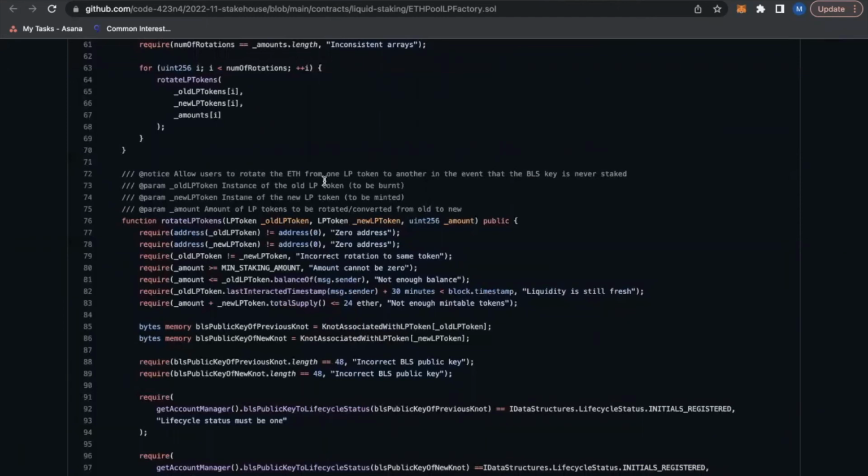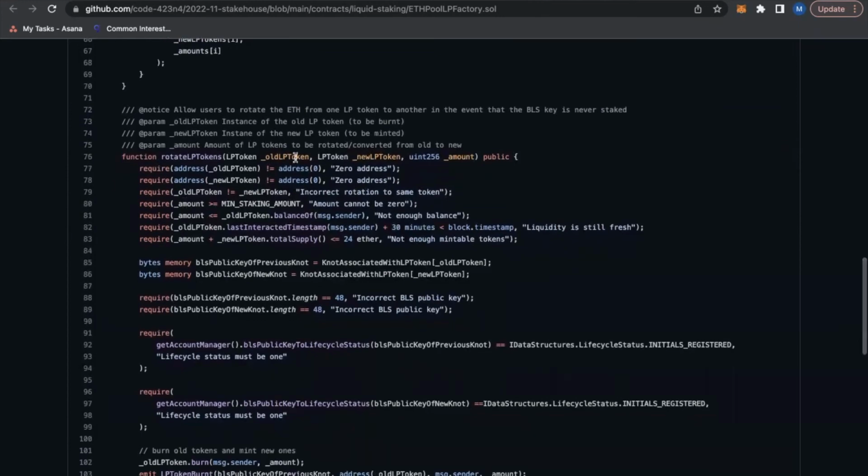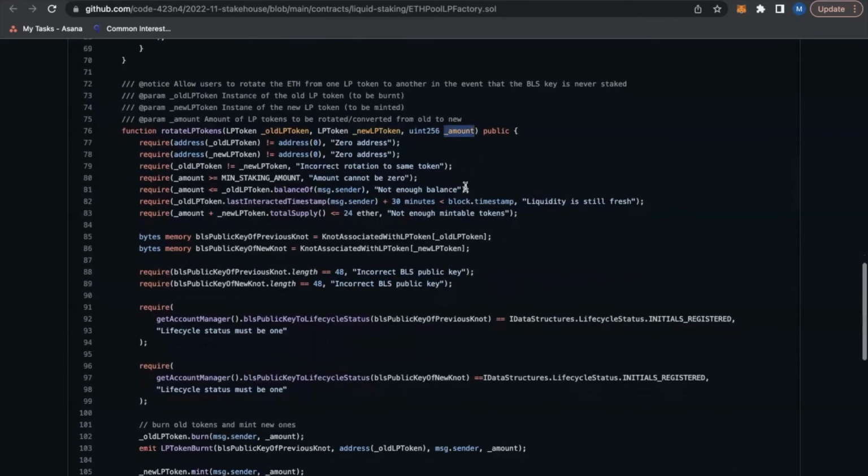So as long as they both haven't been staked, what you can do is transfer your ETH funds from one BLS public key to another. That's what this rotate LP token allows. You put in your old LP token address and your new LP token address. The new one will be the new LP token to which you want to move your funds to, and the amount of LP tokens that you want to move.